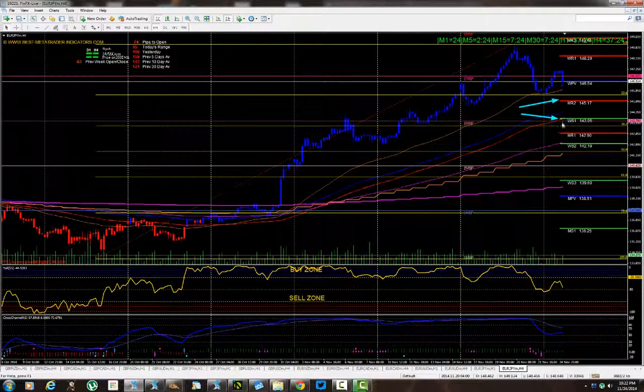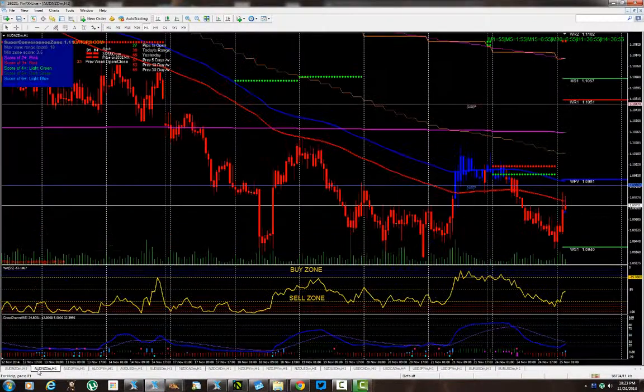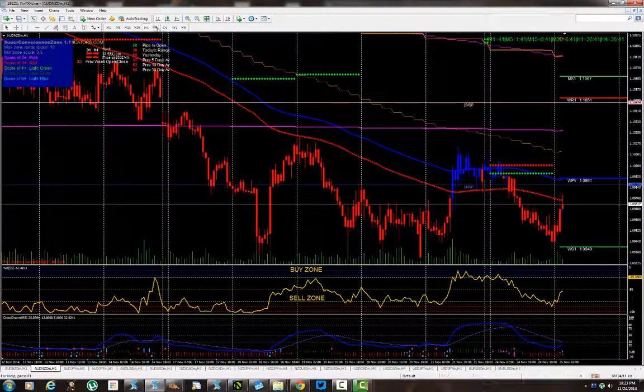We have both the Dynafibs, WS1 and the midterm fib. But we could bounce up here, see a limited move, and then fall back down to the 200. So I will probably be a little careful with this pair. It's also going to depend on what the other JPY pairs are looking like. So we'll take a look at my other set.